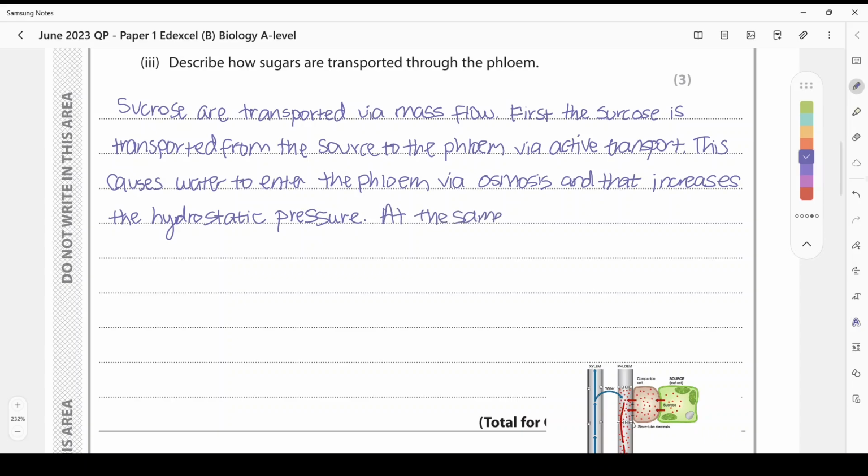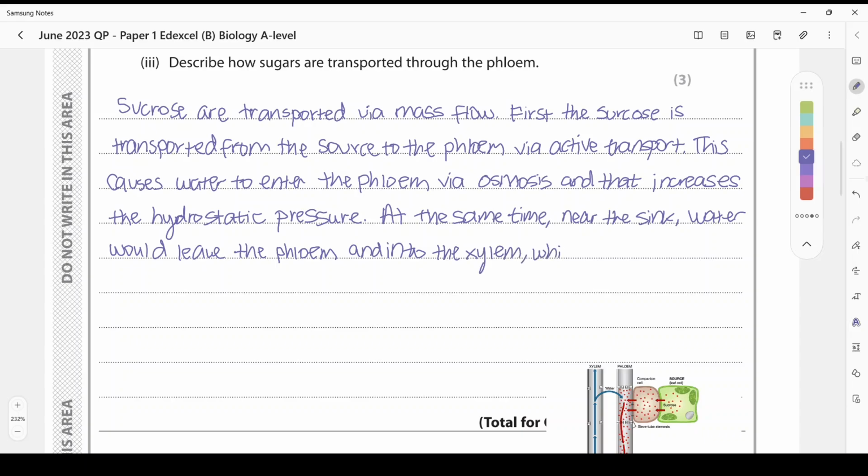At the same time, near the sink, water would leave the phloem and go into the xylem, which causes a decrease in hydrostatic pressure.